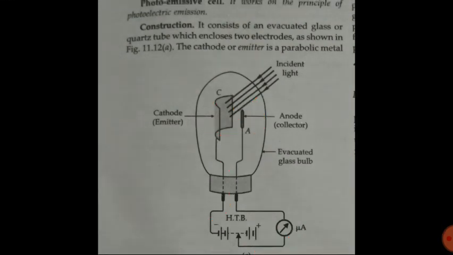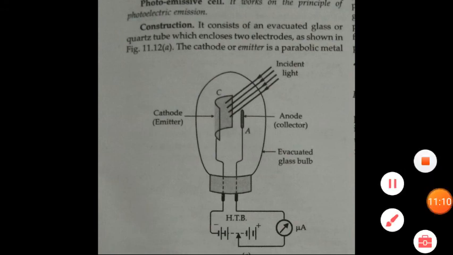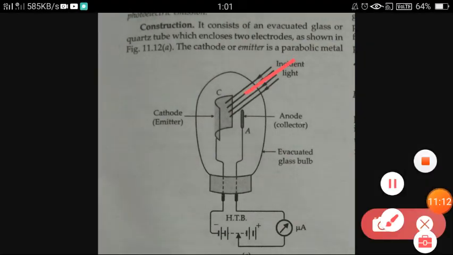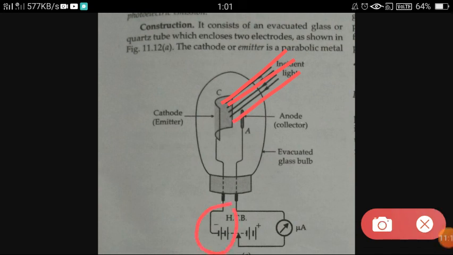Now when the incident light falls on the photosensitive material connected to the negative terminal of the battery, because of the effect of the photons, the electron comes out from the cathode.